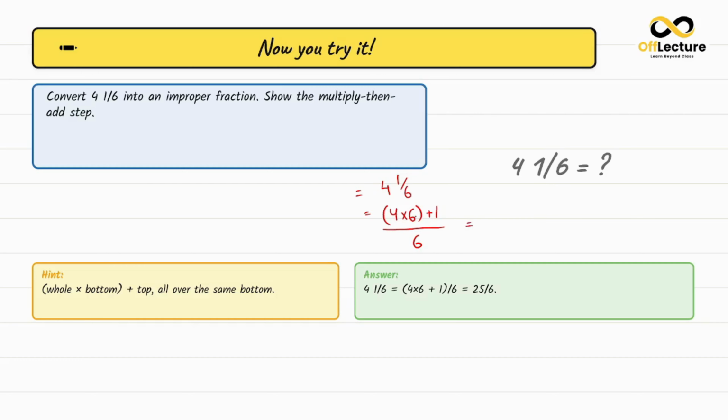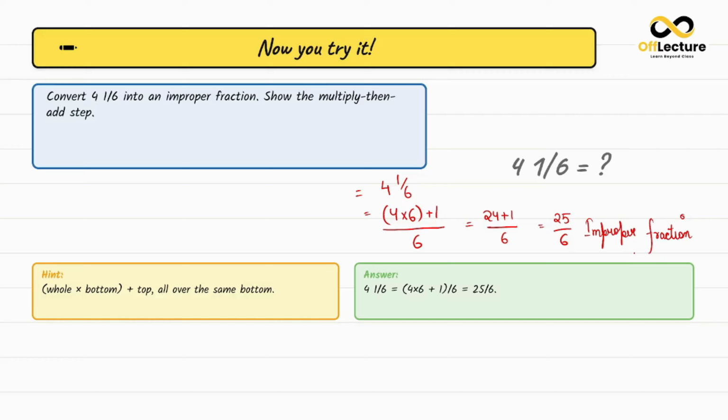This is the multiply-plus-add step. 4 multiplied by 6 is 24, plus 1, divided by 6. So this becomes 25 by 6, and this will be my answer, my improper fraction.